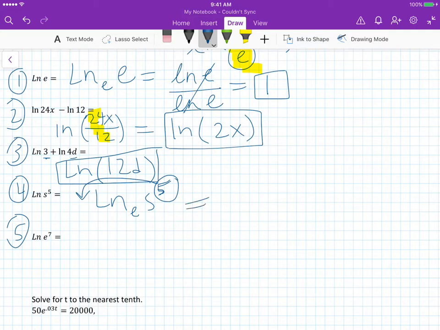So I could switch this to be 5 times ln of s. Make sure they look a little different. This is an s. And it's base e. Now I could get a number if this was like ln of 6, but it says the ln of s. I'm just going to make this clear for everybody.